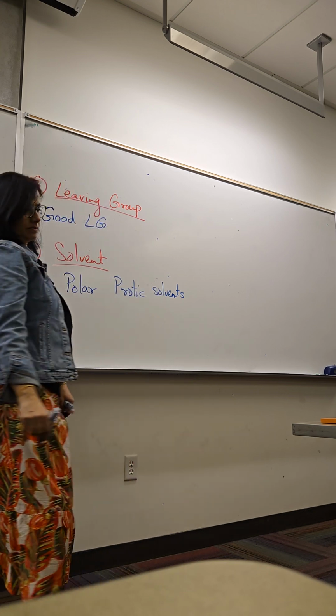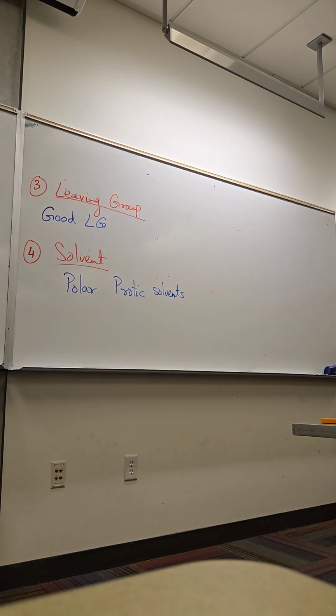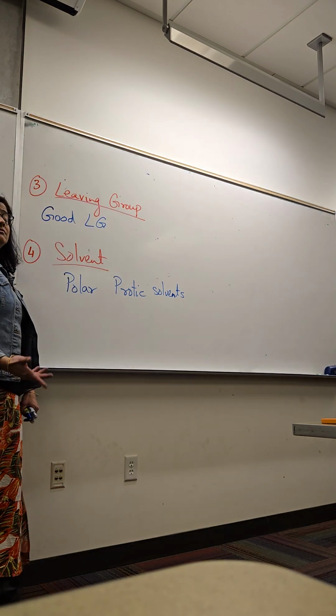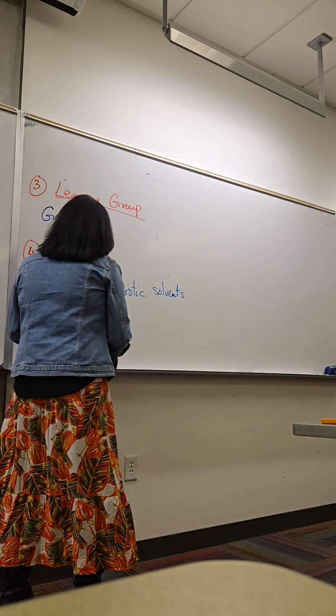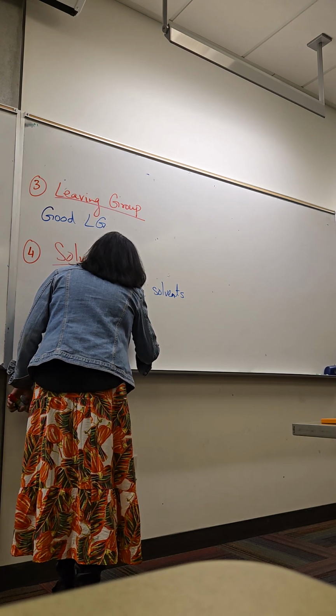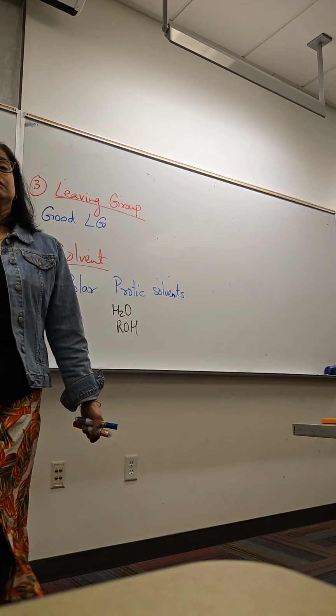A solvent that can give a proton. Such as? What solvents have you seen that can actually give a proton? Water. What else? Alcohol. Alcohols, typically that's what you see.